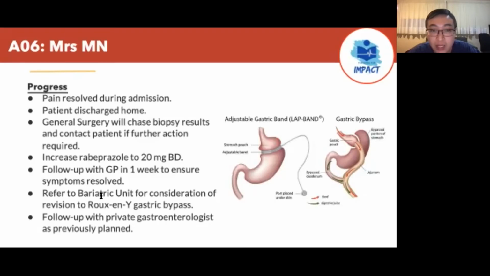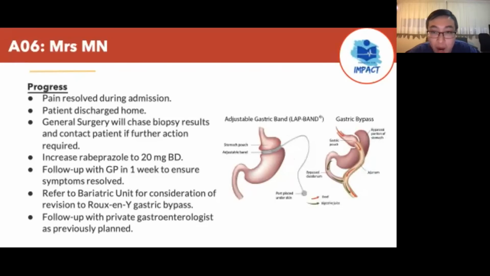And quite pertinently, the patient was referred to the bariatric unit for consideration of a revision of the gastric banding, because it's obviously not successful in causing weight loss, and it's causing some complications as well, to revise it to a Roux-en-Y bypass.